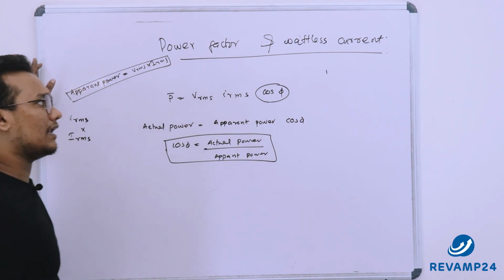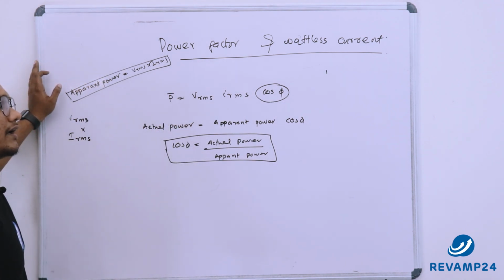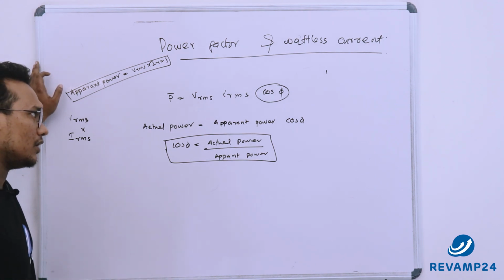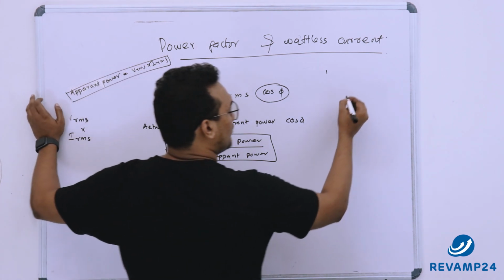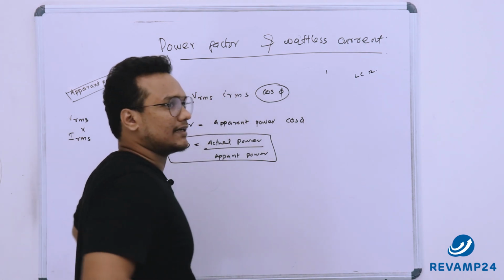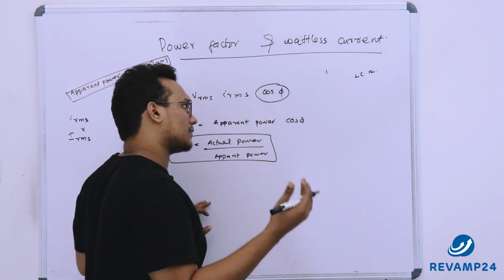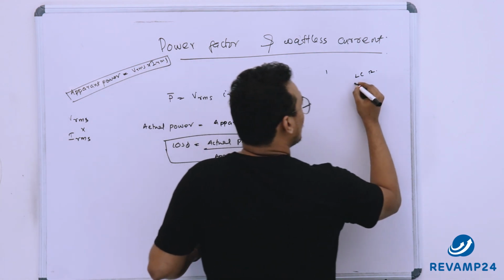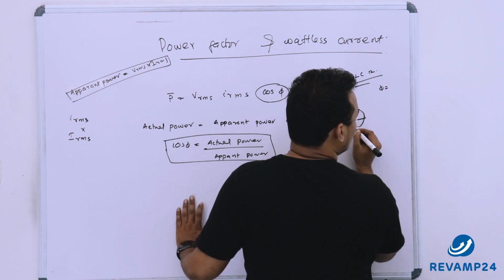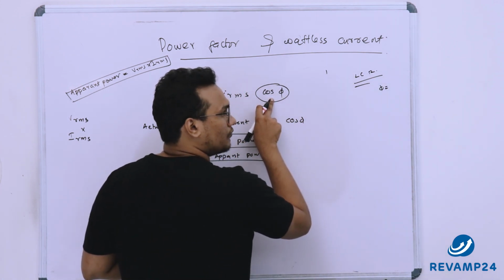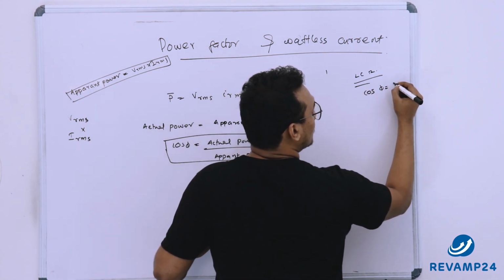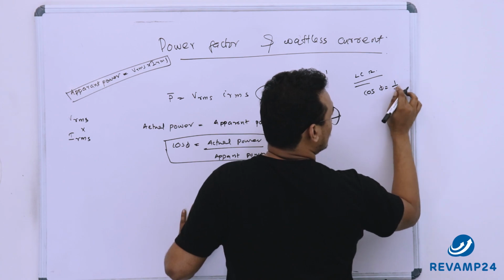Now, whenever there are inductors and capacitors connected in a circuit, that becomes an LCR circuit. For example, our refrigerator is an LCR circuit. It has inductors, capacitors and resistors. Now, if its phase phi value is 45 degrees, then cos phi would be cos 45.